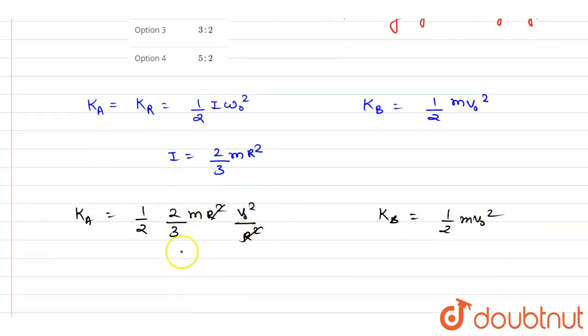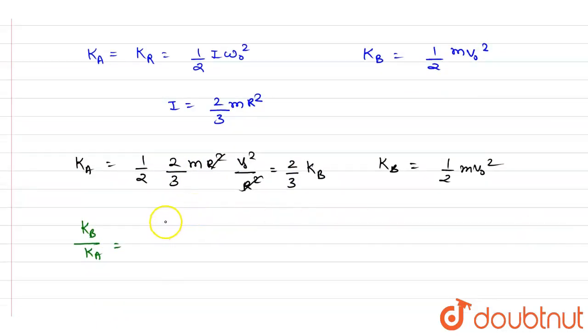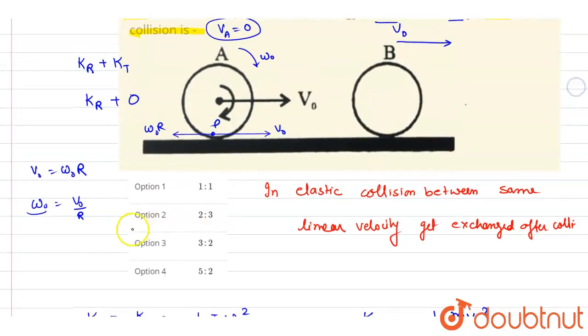This is 2 by 3 times half m V naught square. The ratio is equal to 3 by 2, and this is the answer of this question. Now you can check the options: 3 by 2, C is the correct one. Thank you.